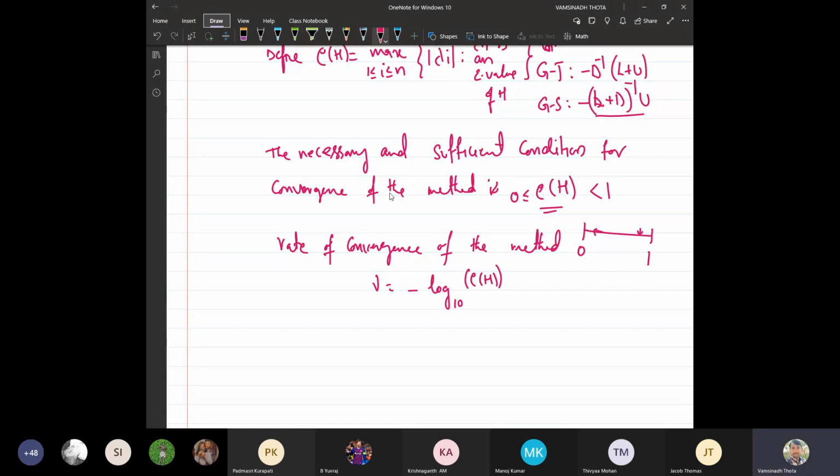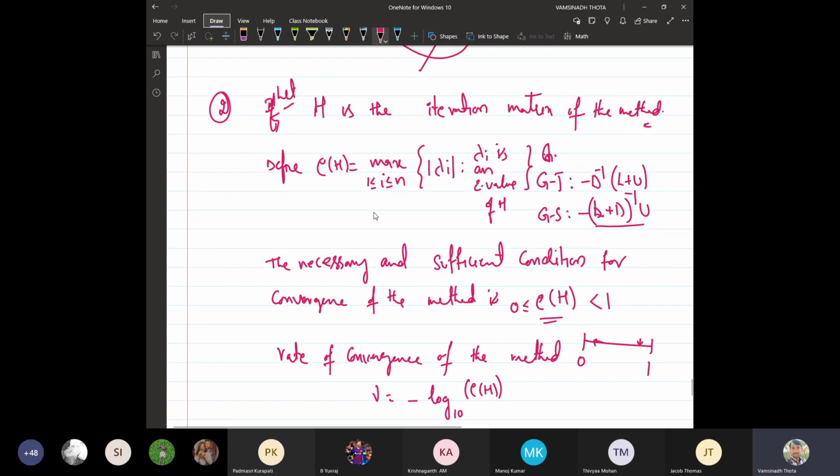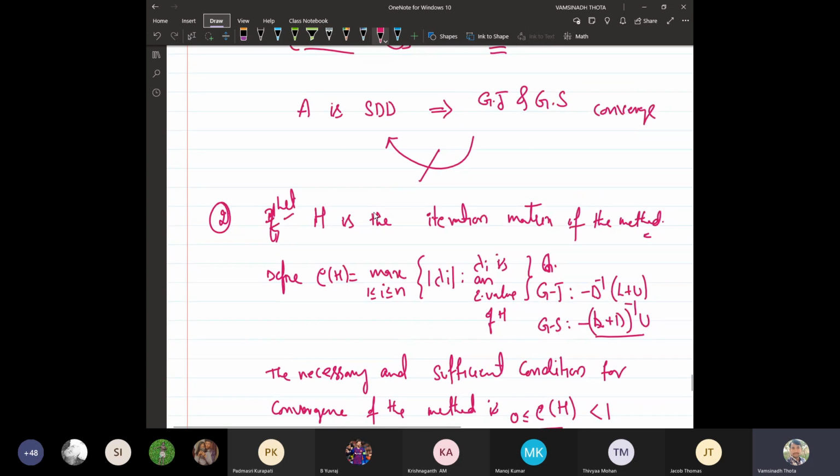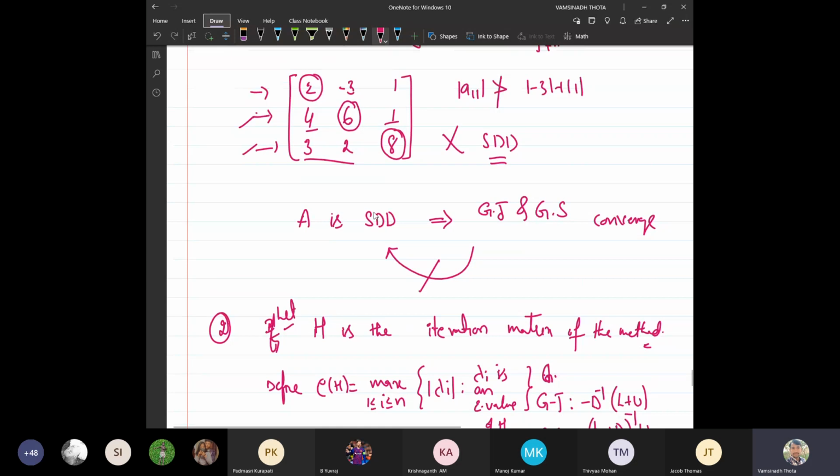As you can see from the log of this value, as it goes to 0, the rate of convergence is high. That's all about the necessary and sufficient conditions for the convergence of the Gauss-Jacobi and Gauss-Seidel iteration methods.